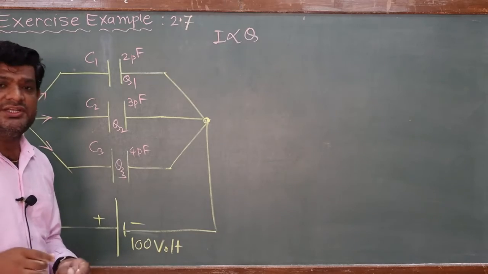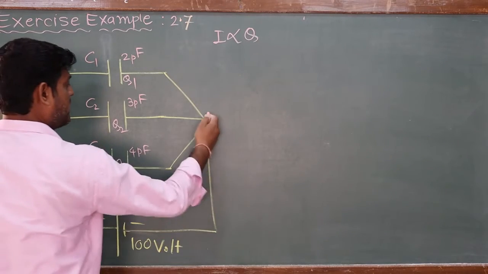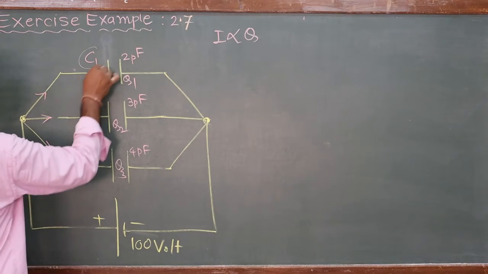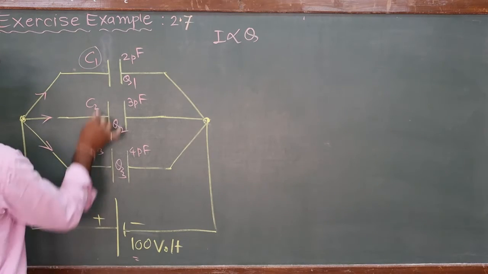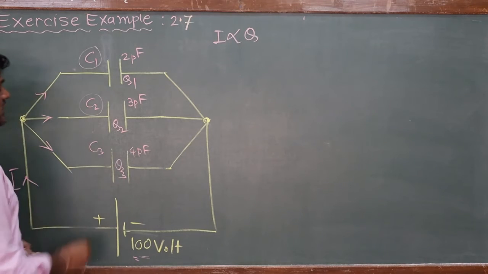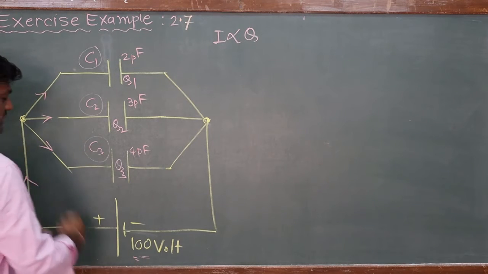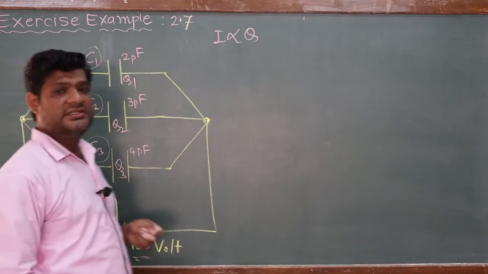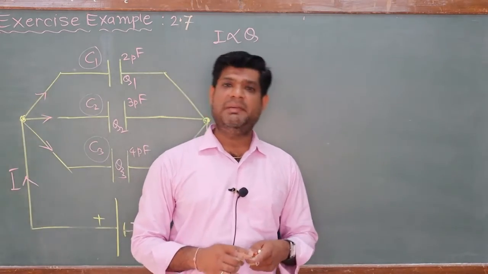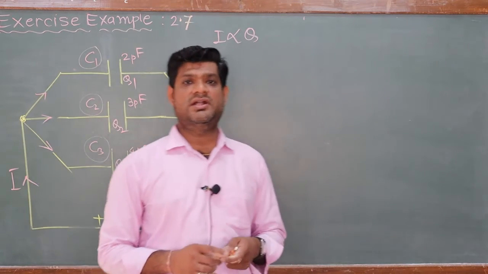But what about voltage? Voltage will be equal for all the 3 capacitors. The first capacitor having voltage of 100 volt, second capacitor having a voltage of 100 volt, and C3 also got the 100 volt because they are connected in parallel combination. In the parallel combination, voltage is not divided.